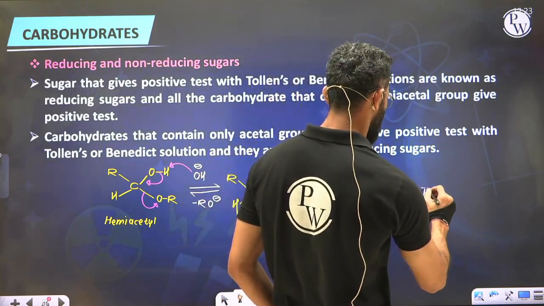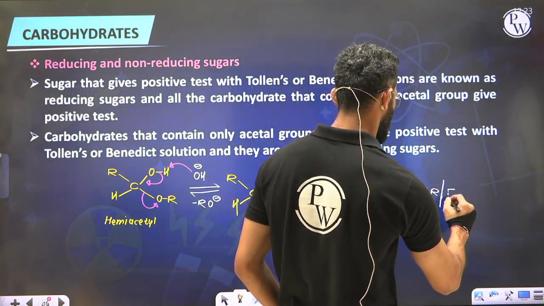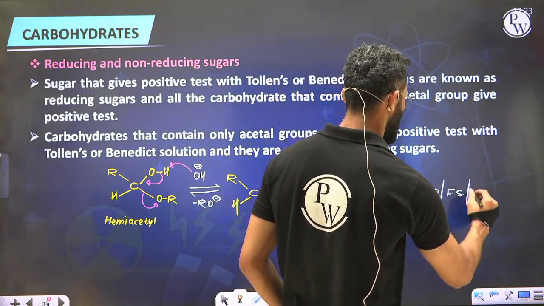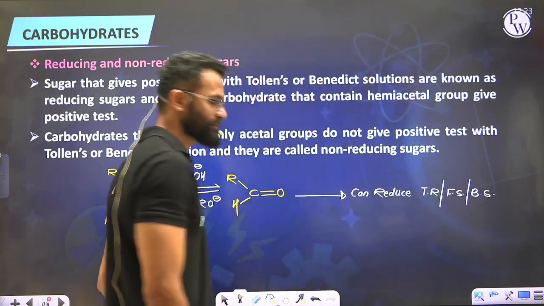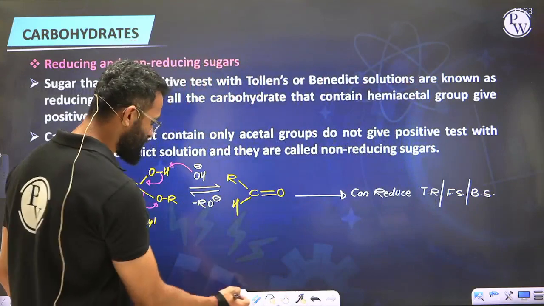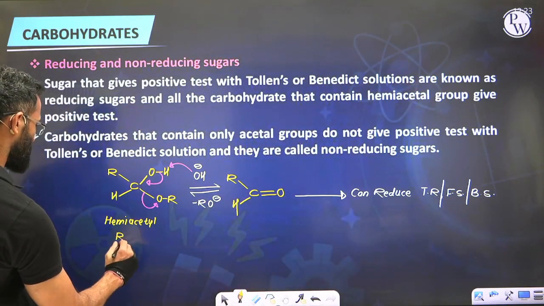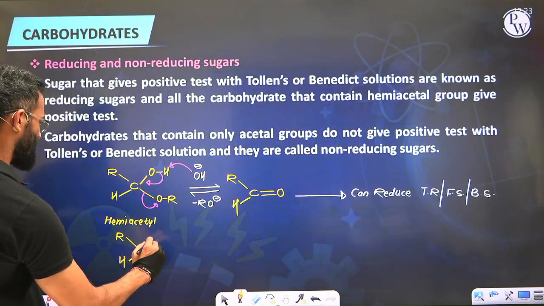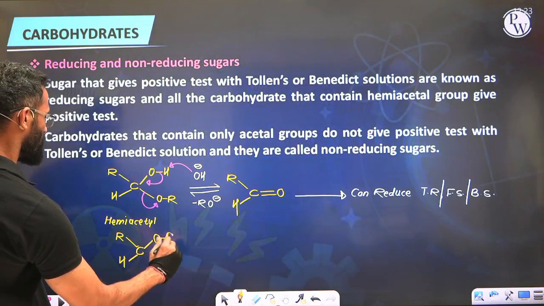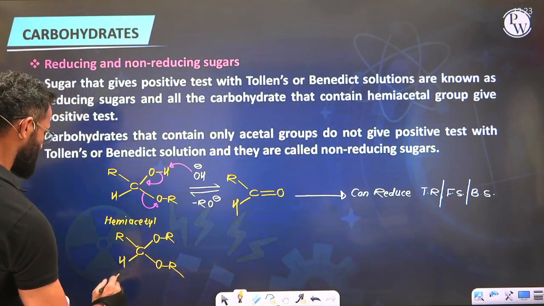It can reduce Tollens reagent, it can reduce Fehling solution, it can reduce Benedict solution. Okay, but imagine instead of this, if we have a sugar which contains acetylic carbon. What is acetylic carbon? Instead of OH, both will be alkoxy groups. This is acetal.